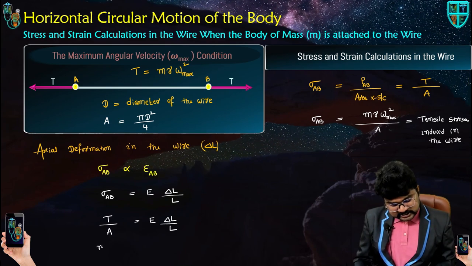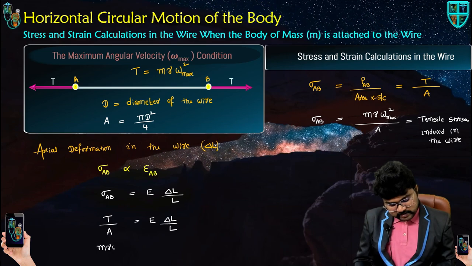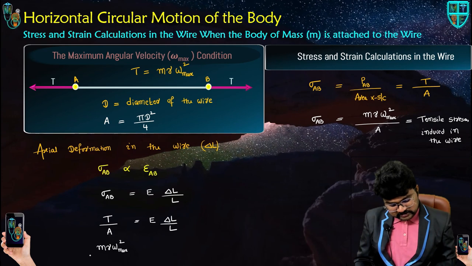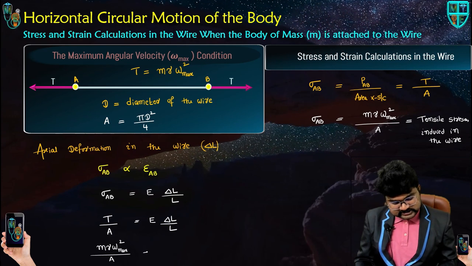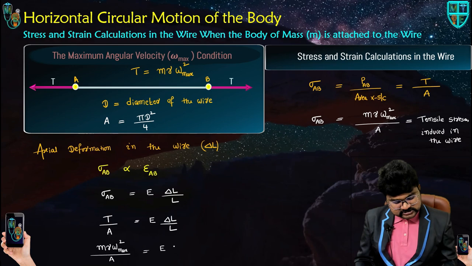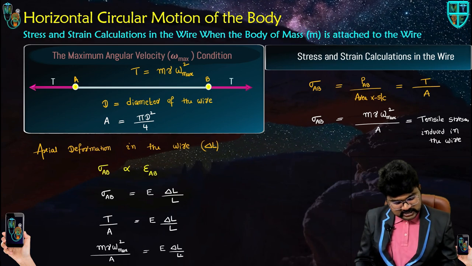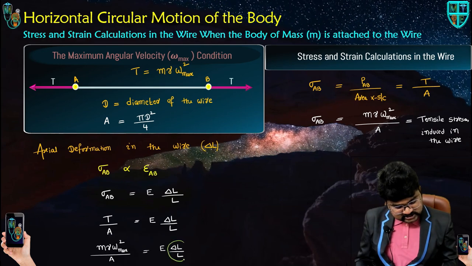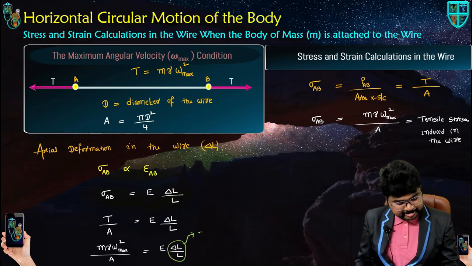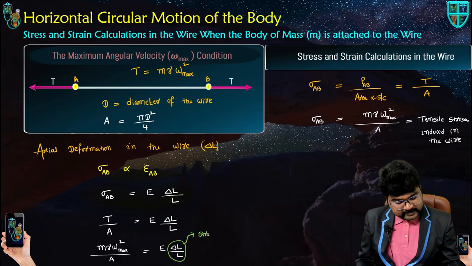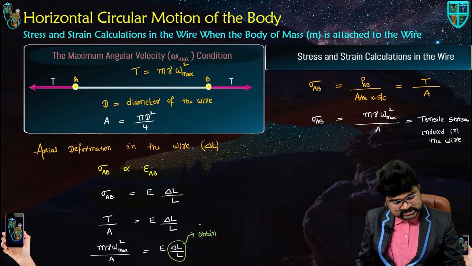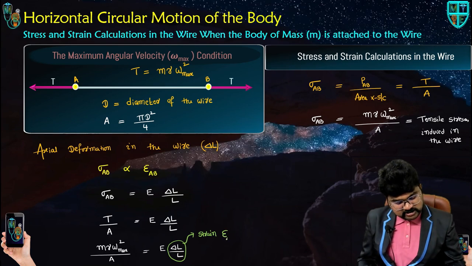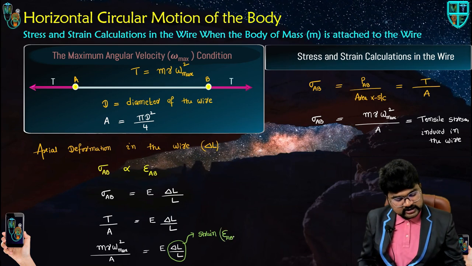So here I can say m R omega maximum square by A equals E times delta L by L. This is the longitudinal strain in the wire. Understood now? This is the strain in the member AB or wire AB.